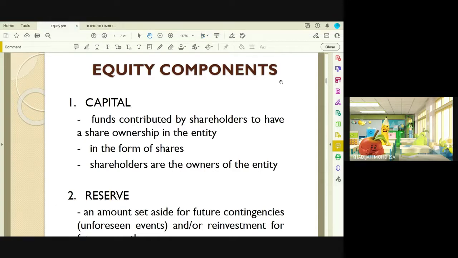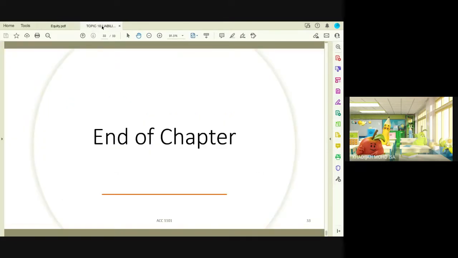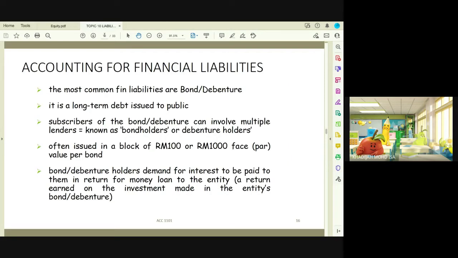Now I would like to go back a bit to the liabilities, number 16. Liabilities are normal: when you have your accounts, you have trade liabilities, trade creditors.